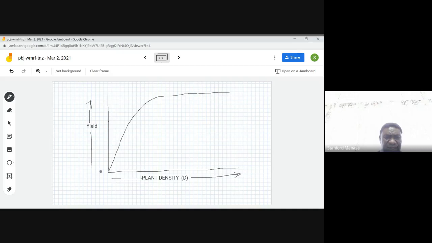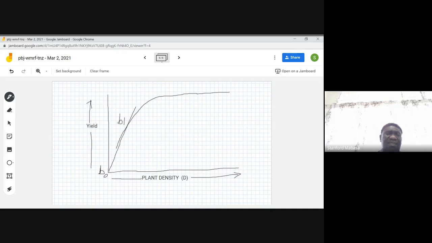Here where it starts, our slope is 0. So we can have B0. And this slope is B1. But sometimes the graph can start at this point, and B may not be 0.